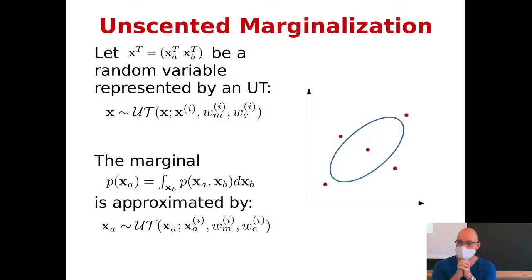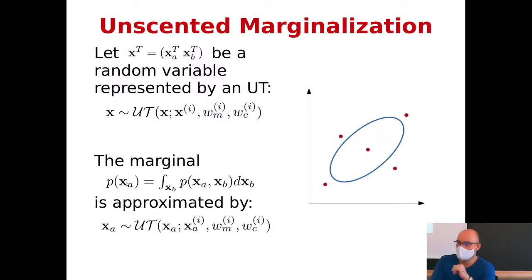Unscented marginalization. Let's imagine that we have a random variable xt, which is composed of two blocks, one block xa and the other block xb. We represent this random variable through a set of sigma points that I call here ut, like Unscented Transform, these are the sigma points and these are the weights, right?